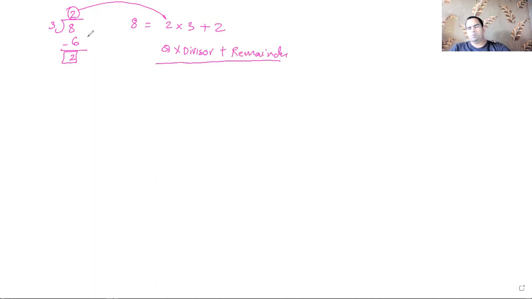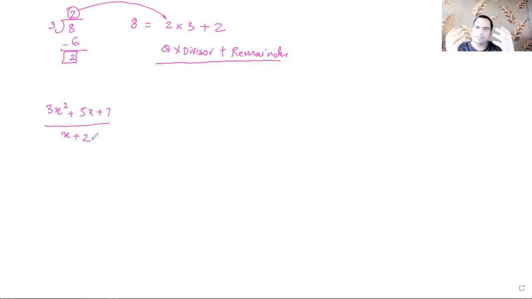If you want to do the same thing for polynomial functions, let us say I'm dividing a polynomial function like 3x squared plus 5x plus 7 by x plus 2, how do we go about this?